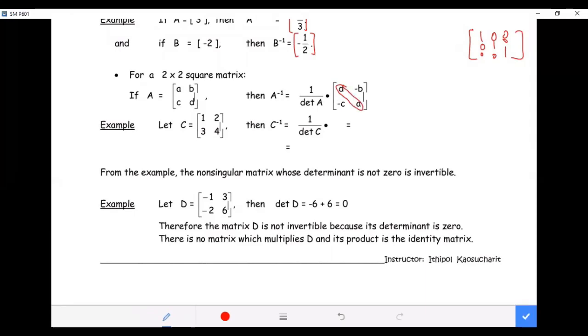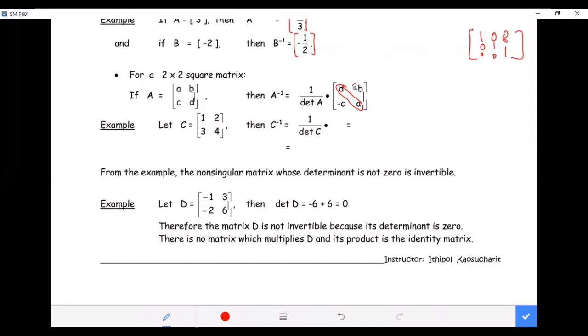The diagonal is A and D, right? You have to swap it, from AD it becomes DA. Then for B and C, you don't swap the positions, but you swap the signs, positive to negative, negative to positive.